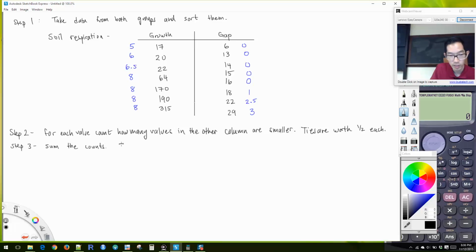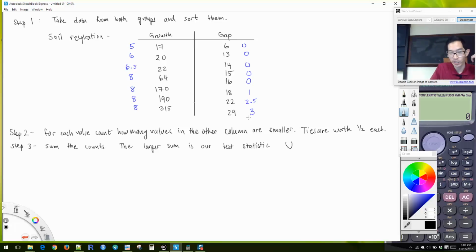And then the larger sum is our test statistic U. Okay, I'm not sure why we've picked the letter U, but that is the letter that is designated for our test statistic.